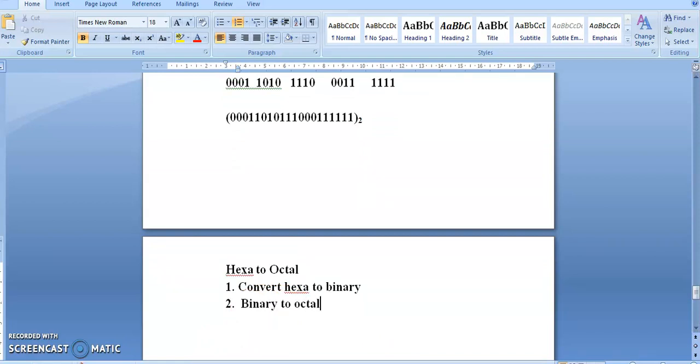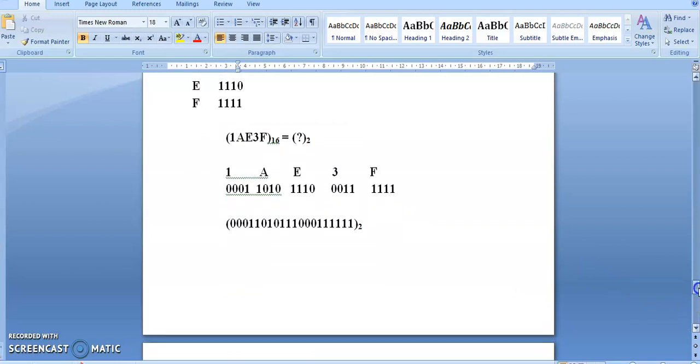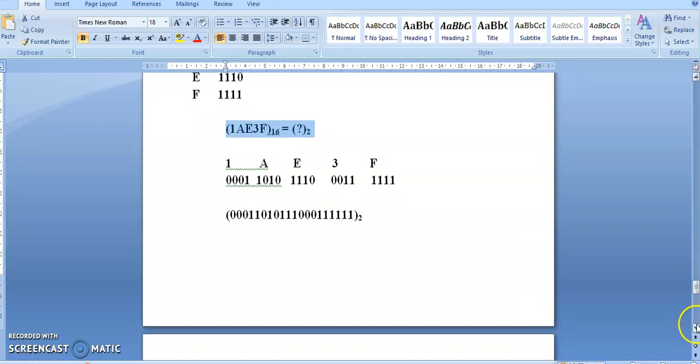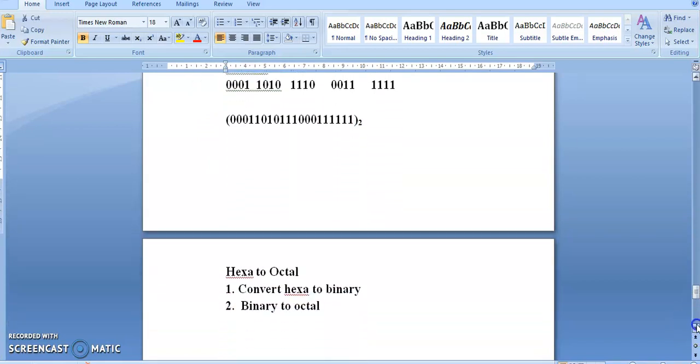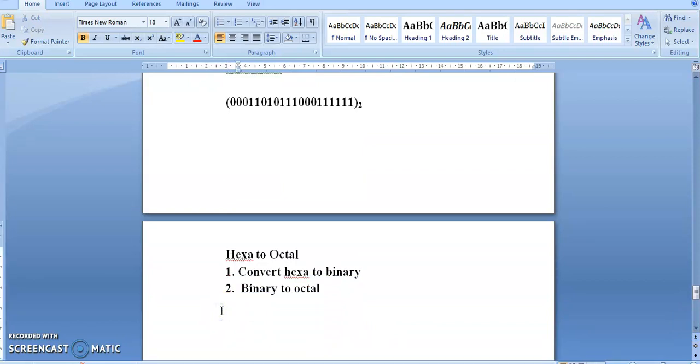So this is the procedure. Same example, converting into octal, that is base 8.